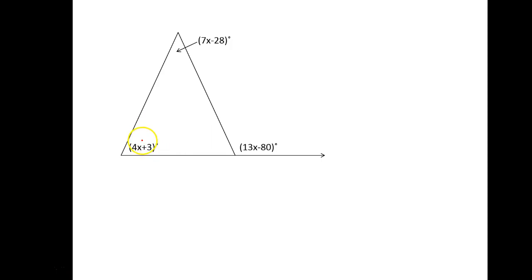All right, these two remote interior angles add up to equal the exterior angle. So you would say 4x plus 3 plus 7x minus 28 equals 13x minus 80. You're going to combine like terms to solve for x. 4x plus 7x is 11x.